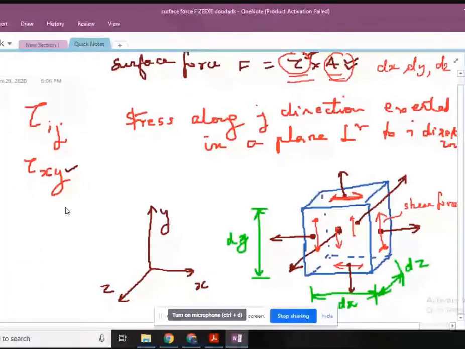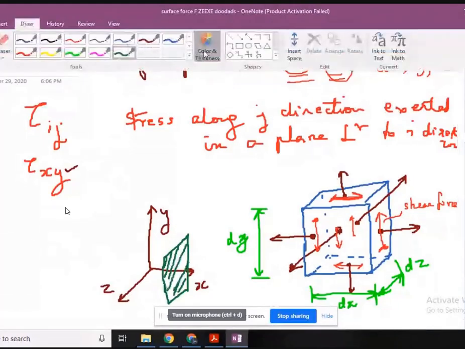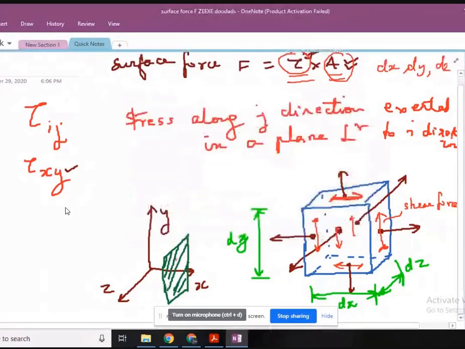So here it would mean the plane, sorry, I have to draw with another color, which means that the plane on which it is acting should be something like this. Then only is it true that the stress is going to act in the y direction.